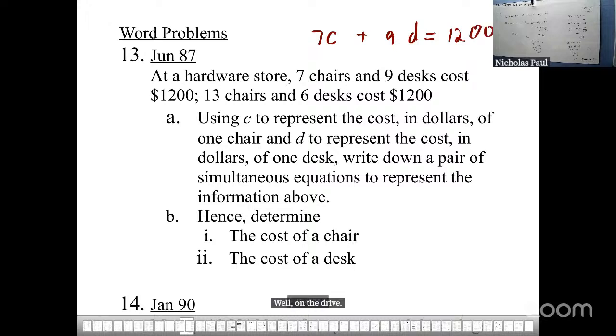And then 13 chairs plus 6 desks, that is 1,200. That's okay?